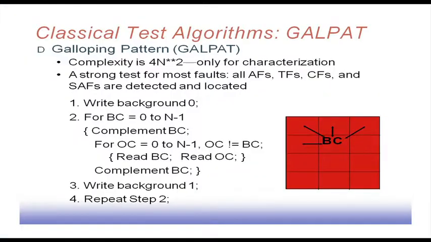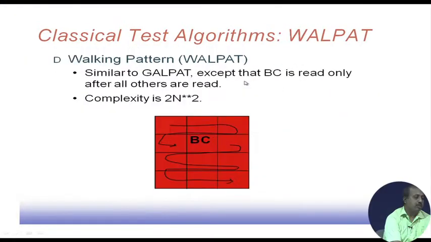If you have to do some benchmarking of a memory test algorithm, you can compare it with Galpat. For some small memory, you can try doing Galpat and your proposed algorithm, and see how close you are in detecting the faults that are detected by Galpat as well. That is why it is only used for characterization.